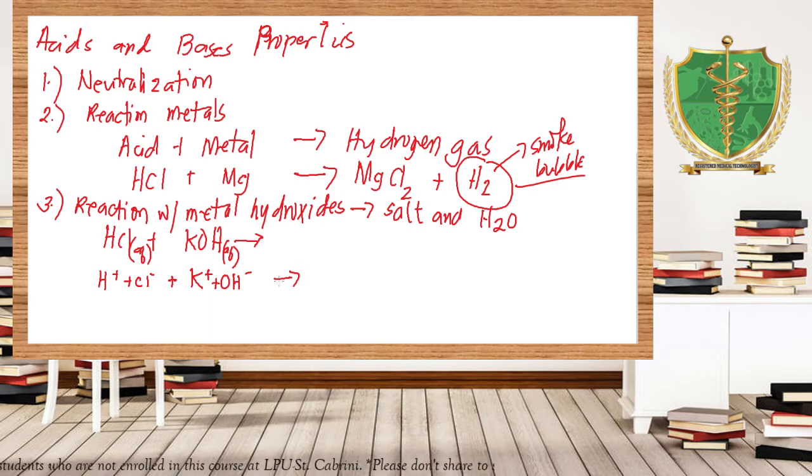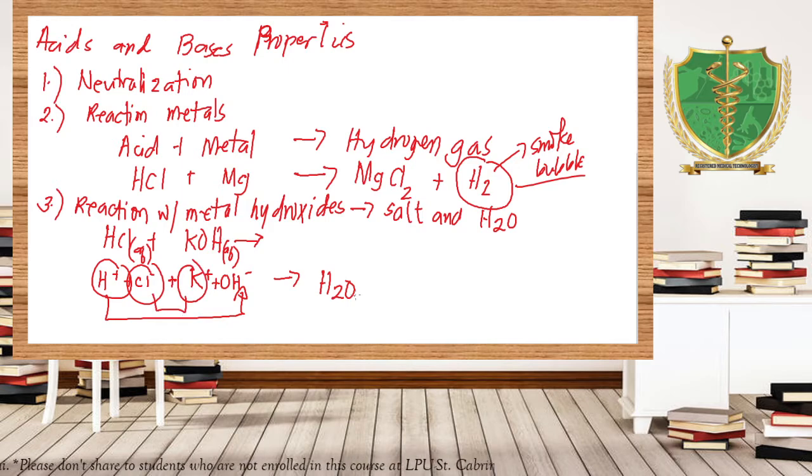So again, this is a net ionic equation, if you still remember that one. Hydrogen will have an affinity with the negatively charged hydroxide, which will give us water, and chloride and potassium will give us potassium chloride.